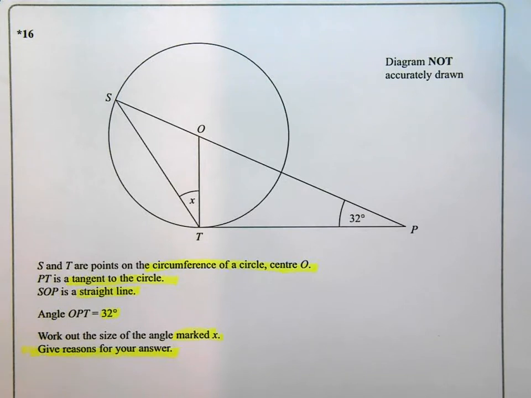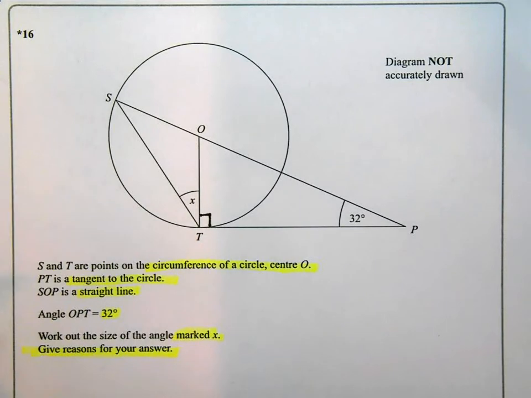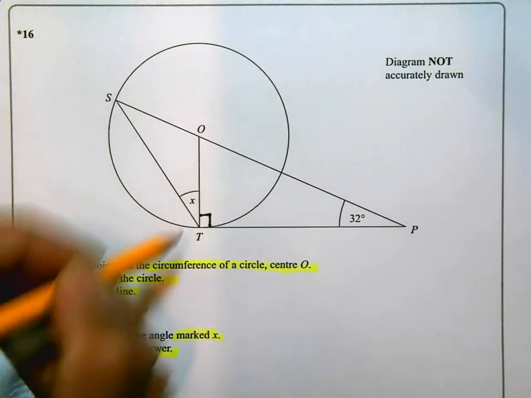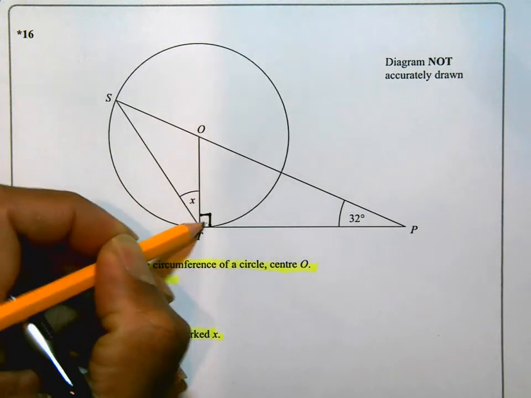And first of all, one of the facts that I know and I can mark in straight away is that this angle here is 90 degrees, and the reason for that, and I'll just draw a line going out here and I'll put the reason.